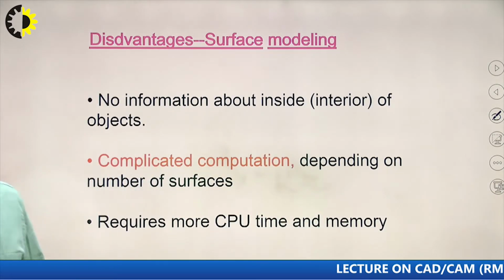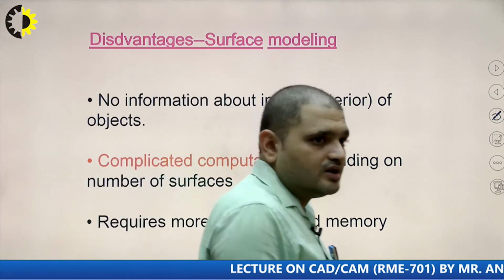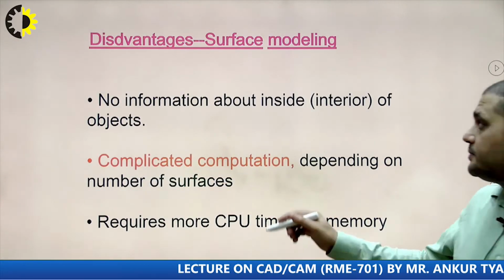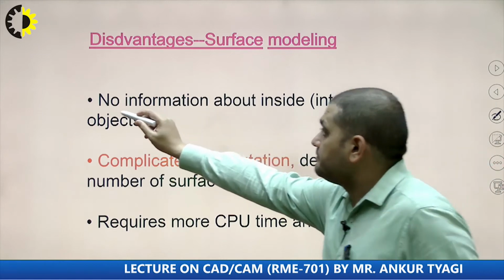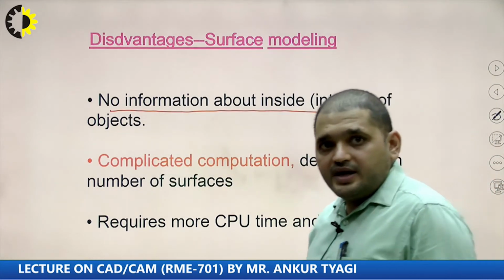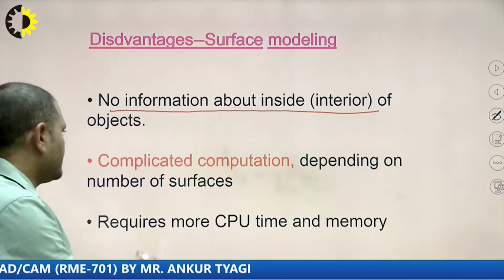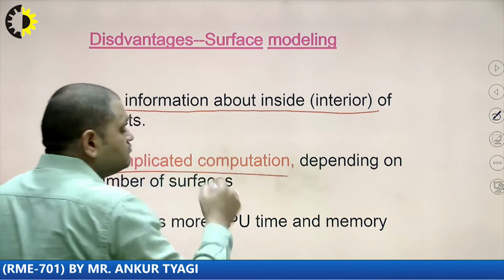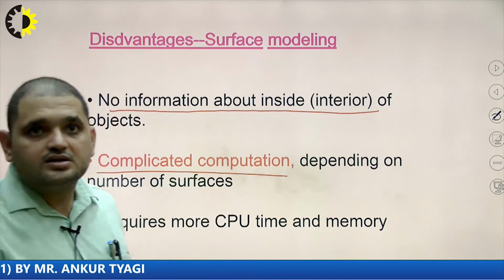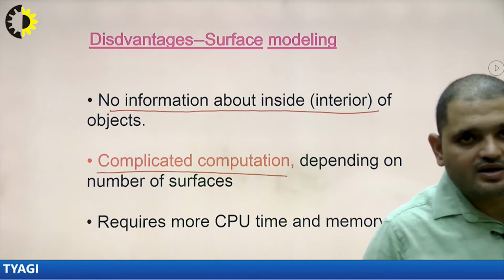Obviously, this model is made up of surfaces, so there is no information for the interior part. Second, complicated computation. Depending on the number of surfaces, computation is complicated. As we increase the number of surfaces, computation obviously becomes difficult.